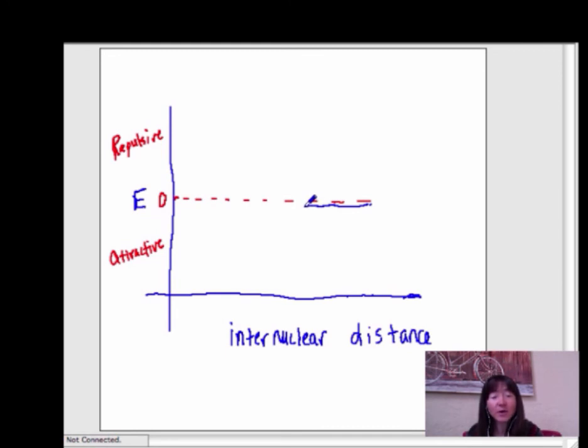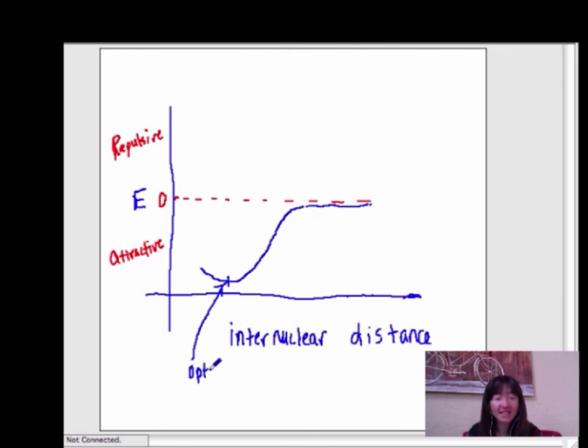And then we begin to see the attractive forces increase until we hit some optimal distance where London dispersion forces are the greatest. So right here at this minimum in the graph, we see that that is the most optimal London dispersion forces. We actually say that that occurs at the point which we define as the sum of the van der Waals radii. So this is the optimal attractive force right here.